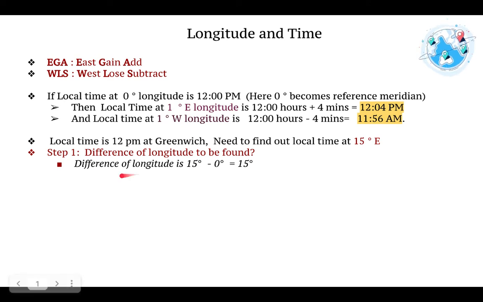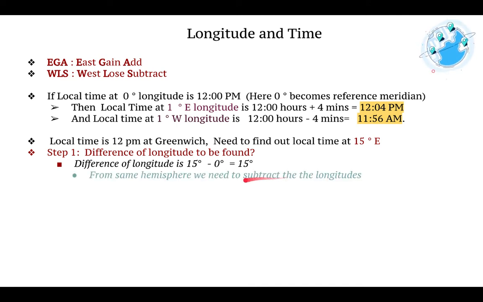How can I do that? Difference of longitude is nothing but the meridian that you have to find the local time of, minus the reference. It is 15, 15 minus 0 is 15 degrees. That is the difference of longitude. Now, before we go to the next step, this is a very important point.